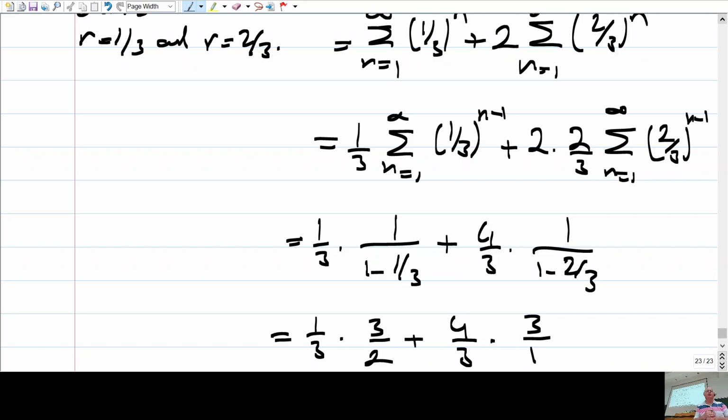We have tests which work for some series and don't work for others. And if one test doesn't work, then you look for some other test to check convergence. As I said, we don't have an ultimate test which works for all series.